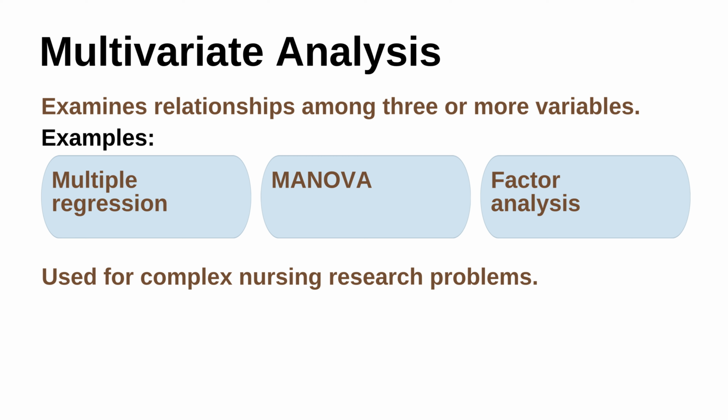We have the multivariate analysis of variance, which compares multiple dependent variables. And there is factor analysis, which identifies underlying patterns among variables. In nursing, this is useful for complex problems like predicting quality of life based on specific demographics like age, health status, and social support.